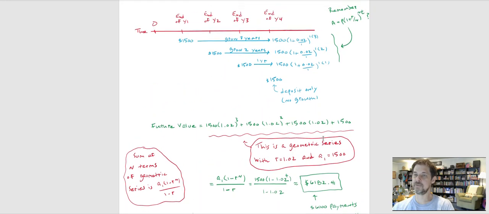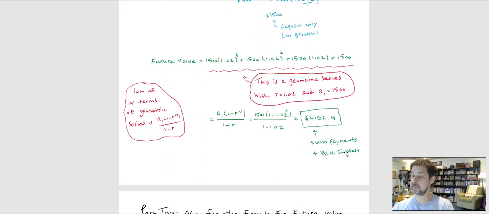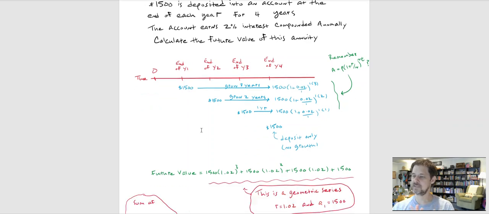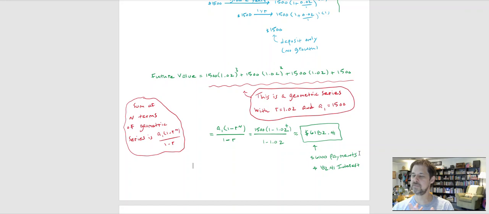So think about it real quick, in case you have to break this down at some point. I'm making $1,500 payments that leave my pocket. So how much in payments went into this account? Well, I made 4 payments. 4 times 1,500, that's 6,000. So I made $6,000 of payments.